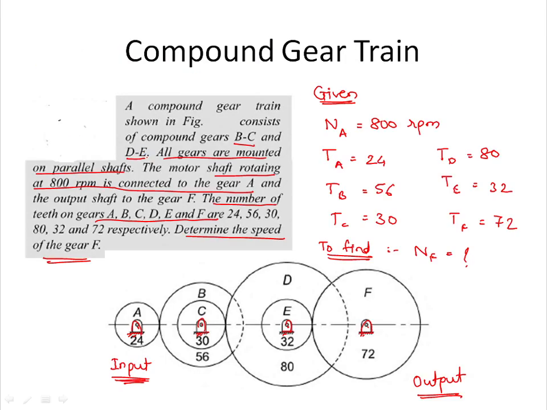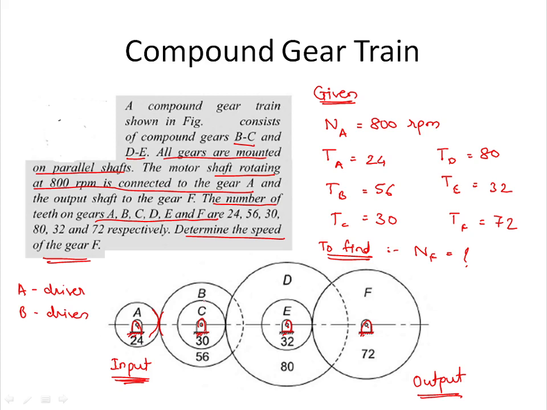Now, which is the driver over here? Let's see. Motor is connected to the gear A. That's why it is the driver. So A is my driver. Now it is in mesh with gear B. Gear A is in mesh with gear B. That's why B will be driven.